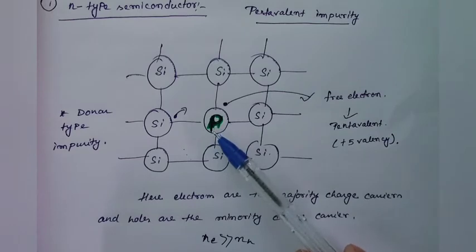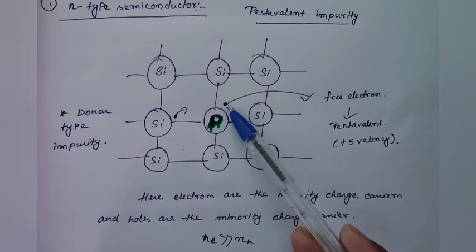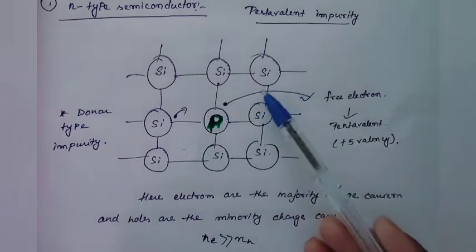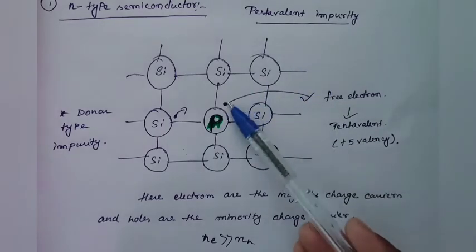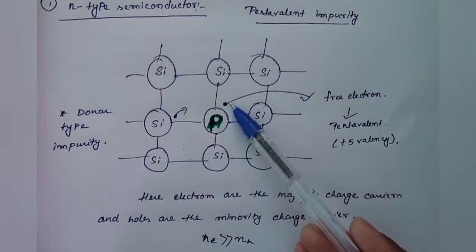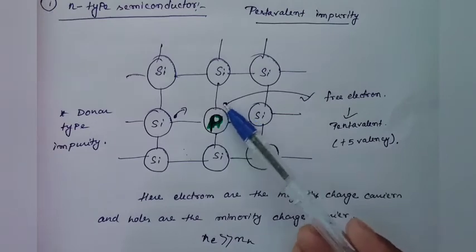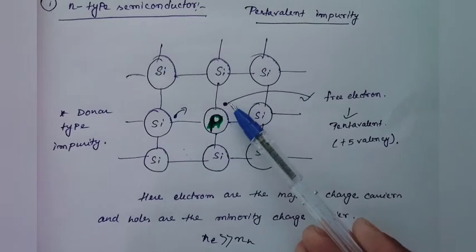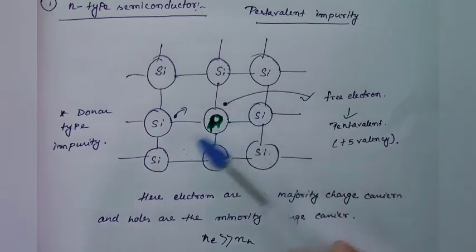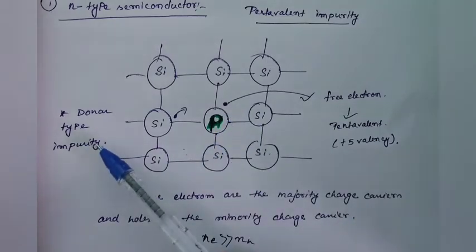Now we can see that one electron is free here because it is pentavalent, its valency is 5. So one electron is free. As each pentavalent impurity donates one extra electron for conduction, it is called a donor type impurity.